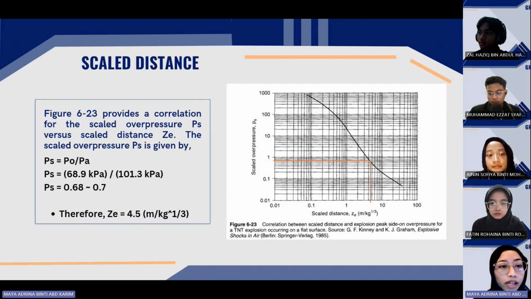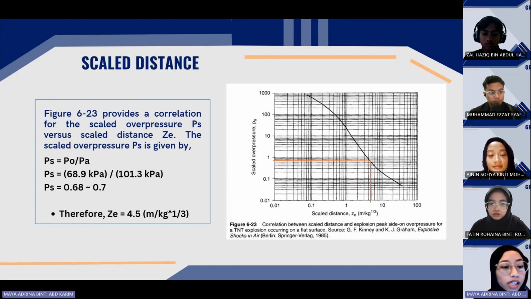Before we find the scale distance by using figure 6.23, we need first to convert the overpressure Po into the scaled overpressure. So we need to divide the peak side-on overpressure, which is 68.9, by the ambient pressure, which is 101.3 kPa.